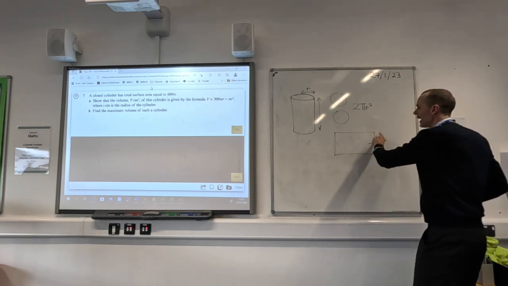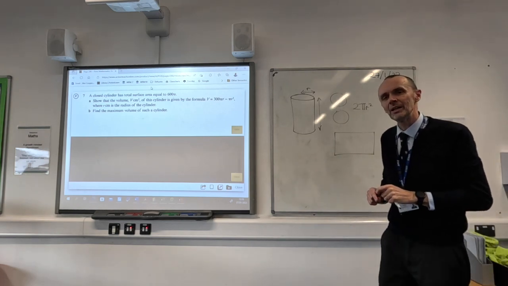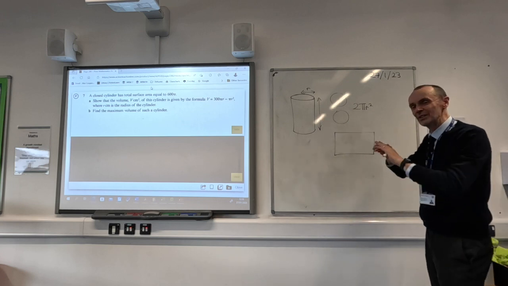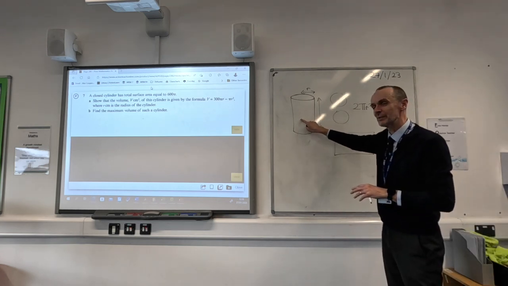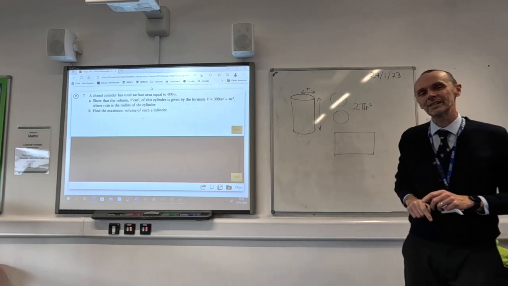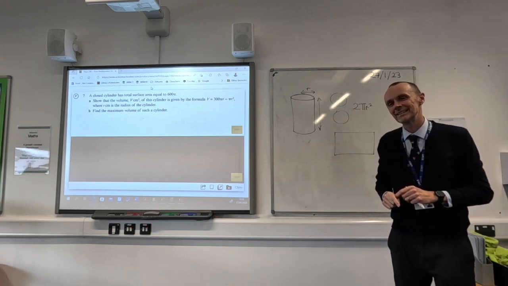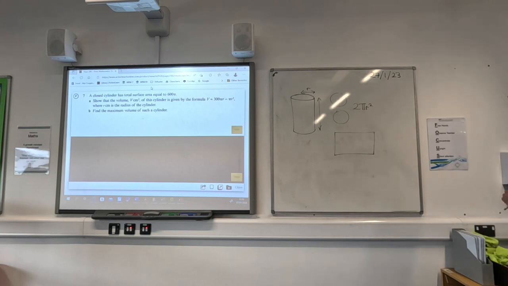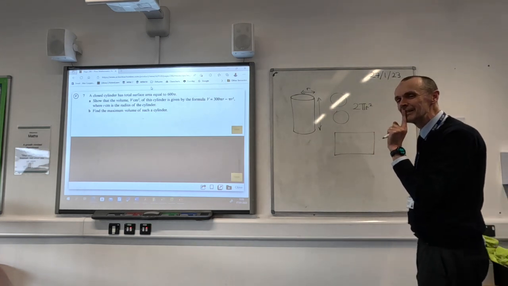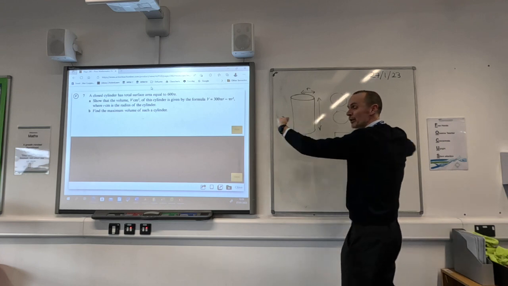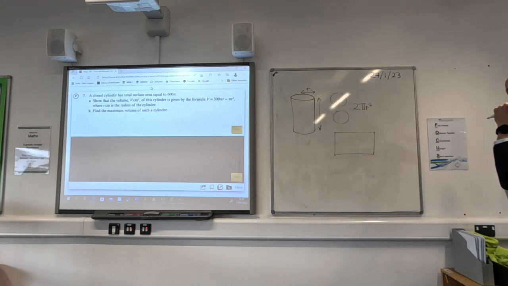Just remind me, Arthur, if we think of this as being the label, how long is it? Or how do I work it out? What dimension in relation to the circle is that? So that is this thing that I've opened out flat. The diameter? It's not the diameter, circumference.